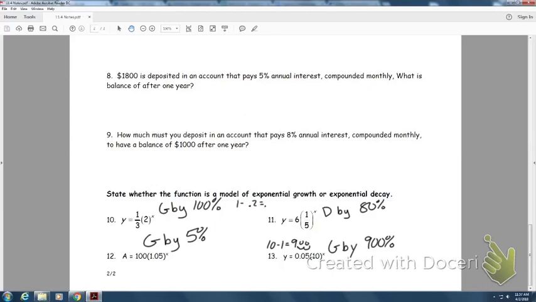So 1 minus 0.2 is 0.8, which is 80%. On 10, 2 minus 1 is 1. That's 100%. 12, 1.05 minus 1 is 0.05, which is 5%. So it's always the difference between the B value and 1 to get the percentage increase or percentage decrease, whether it's increase or decrease.